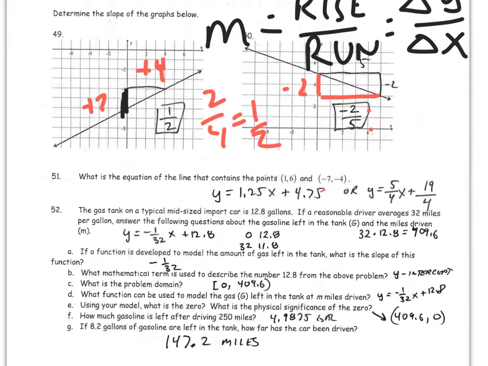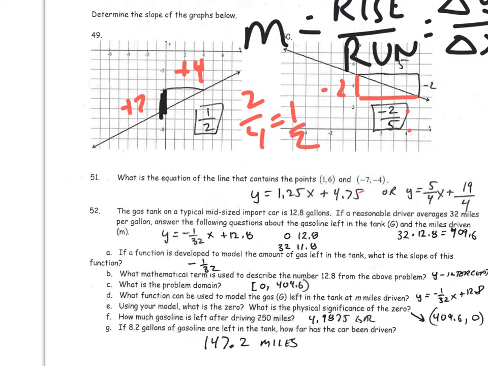The gas tank of a typical mid-size car is 12.8 gallons. If a reasonable driver averages 32 miles per gallon, answer the following questions about the gallons left in the tank. We can analyze this, and people have techniques to read the equations and come up with formulas, but that's not me.